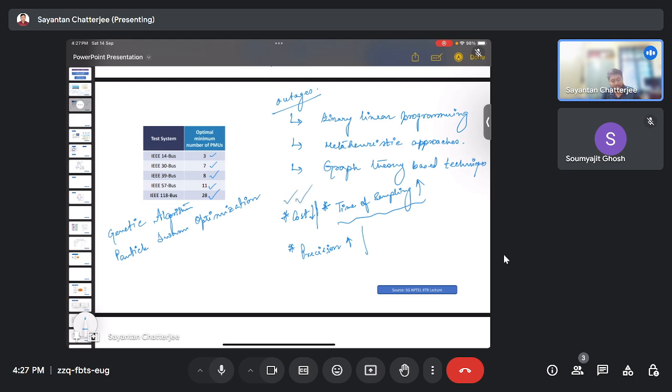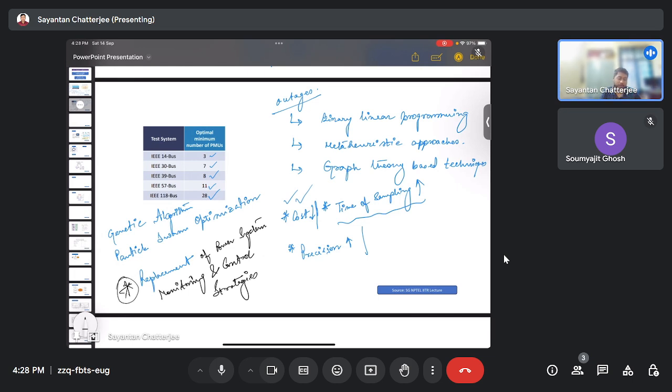And suddenly the replacement of the entire power system architecture, power system monitoring, and power system control strategies can't be done at one go.